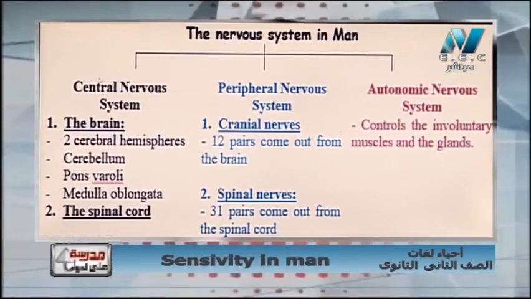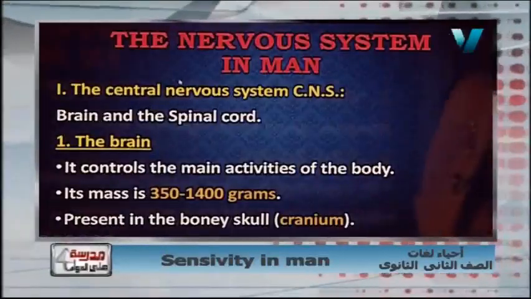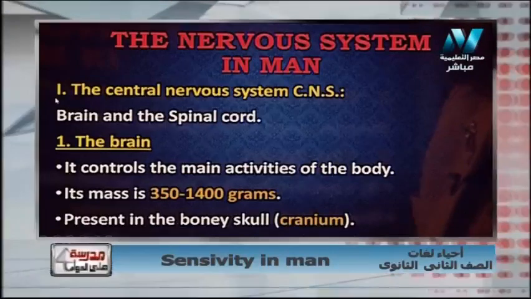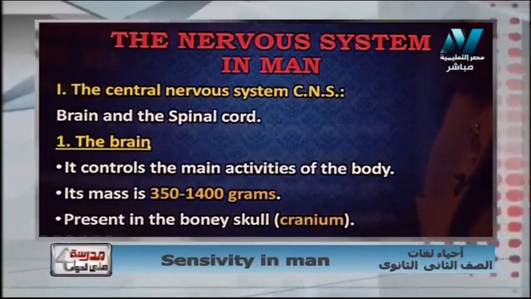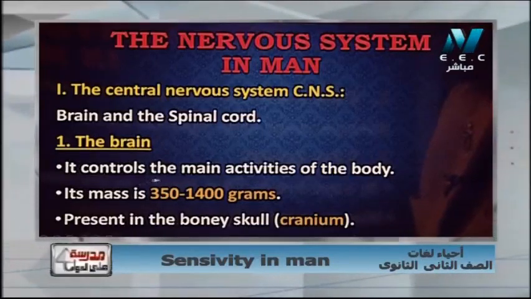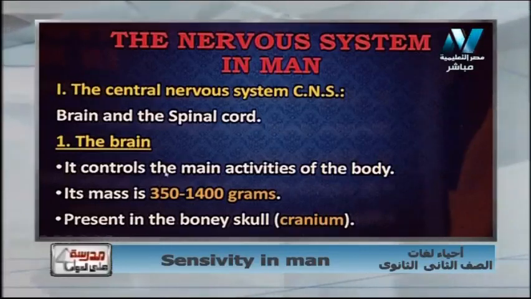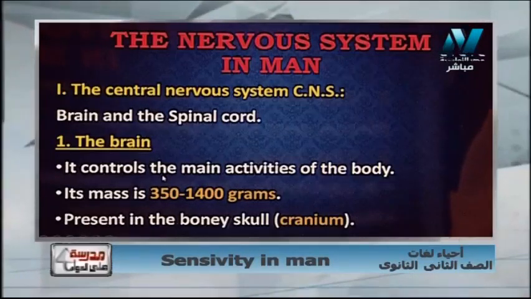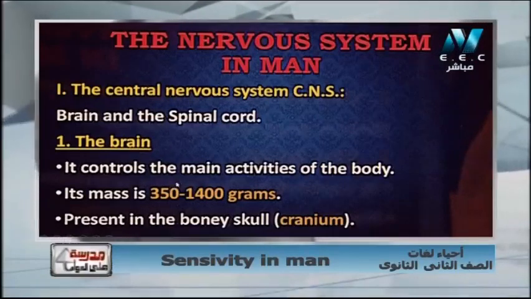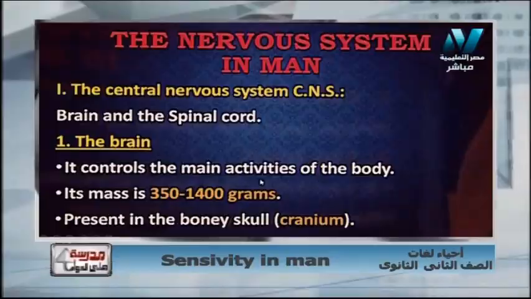Now let's study the central nervous system in detail. The central nervous system includes the brain and spinal cord. The first part is the brain. The brain controls the main activities of the body. Its mass ranges from 350 to 1,400 grams, a little bit less than 1.5 kilograms.